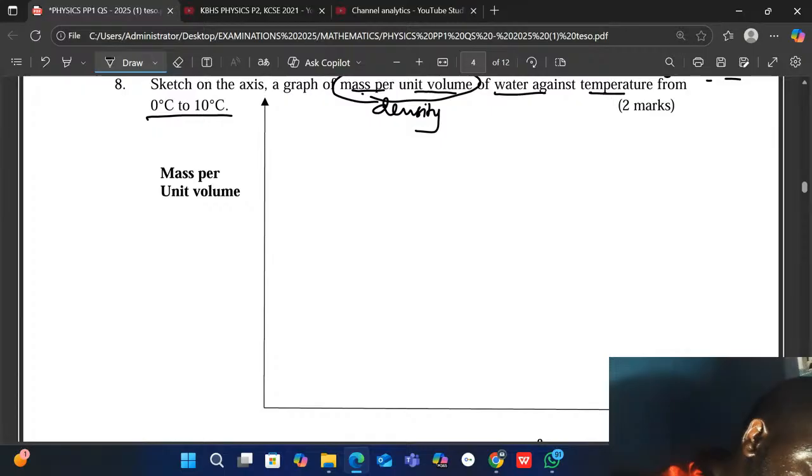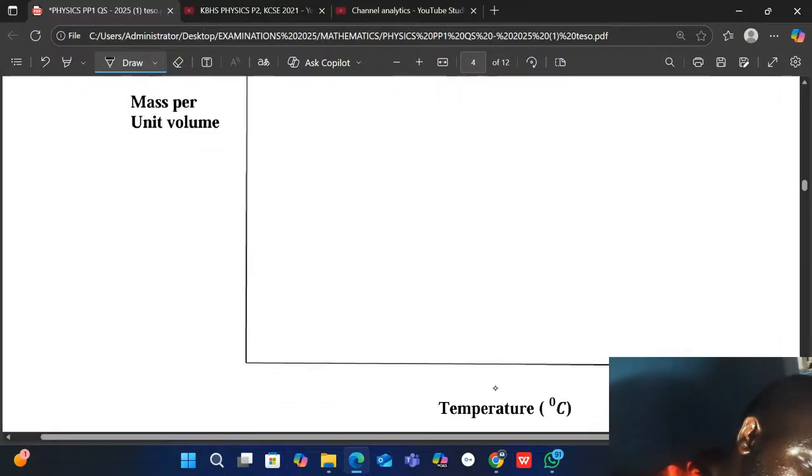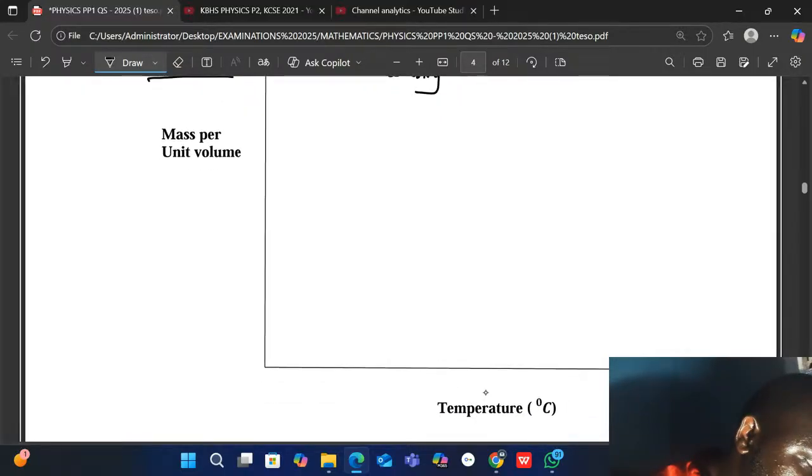So you can see we are having our temperature here. So suppose I say this is 4 degrees Celsius, then I'm expected to draw it like this.